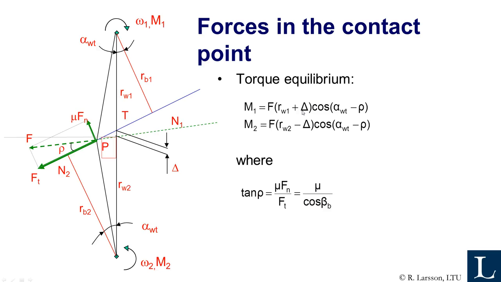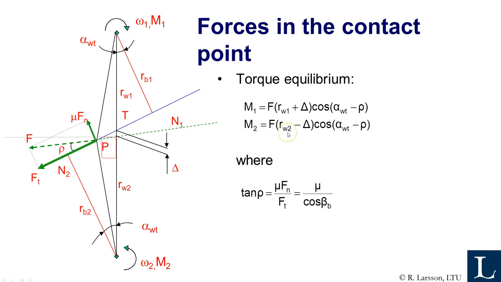So RW1 is the pitch radius of wheel 1. Delta is a still unknown distance here, which occurs because of the friction. If you didn't have any friction, the delta should be 0, and you should be in the pitch point here. And multiply by the cosine term to adjust for the angles here. Again, stop the video and think over these expressions that they're okay.